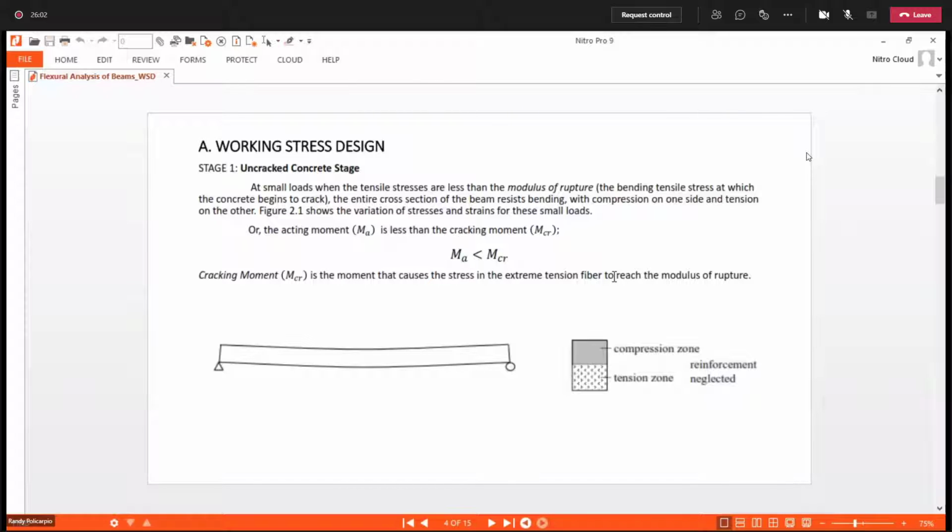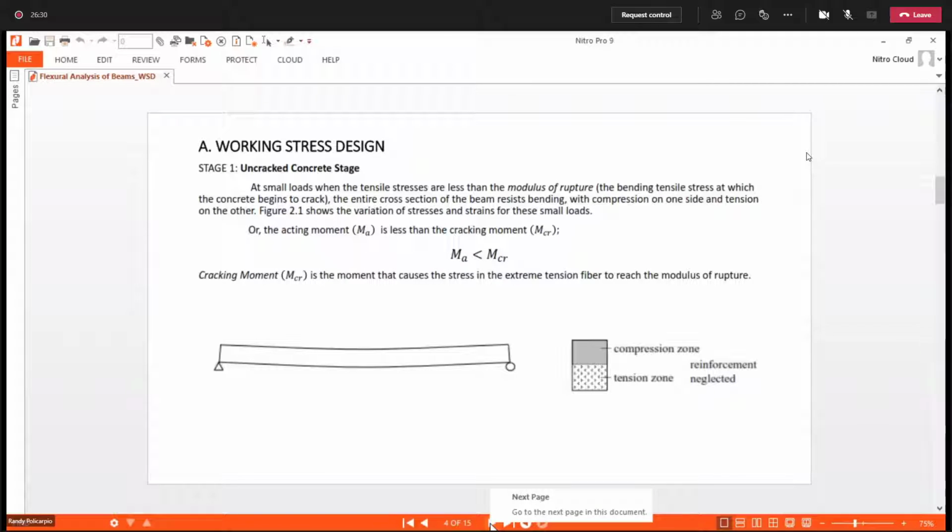So if the tensile stress in the concrete is less than the modulus of rupture, then you may also say that you have an uncracked section. Okay? So yun yung ating criteria for us to identify if our section is uncracked.